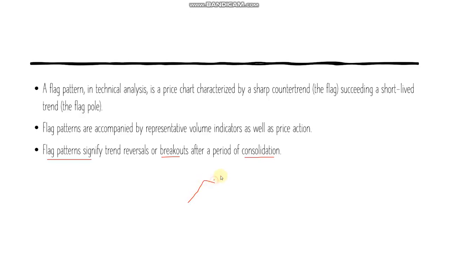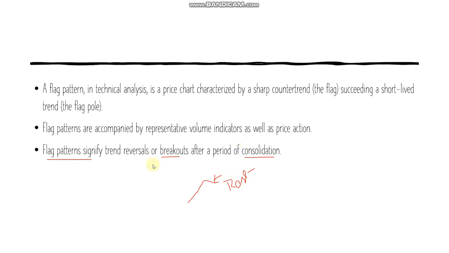So it's kind of when the market takes rest, and after that the market booms up or down again. Usually, under usual circumstances, the market goes up after a flag pattern, but the market is full of surprises, so it may go down also.